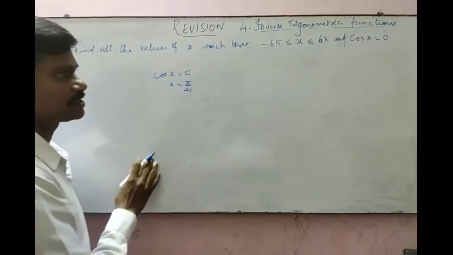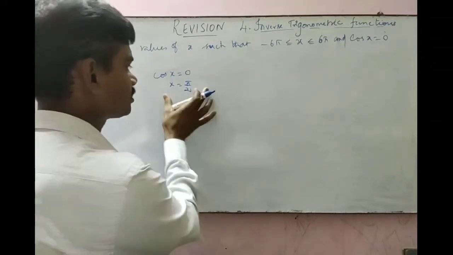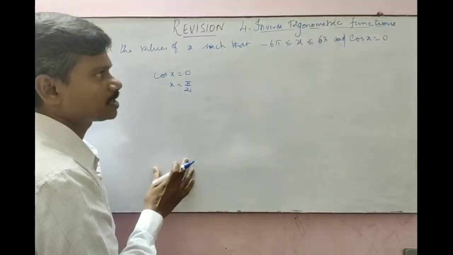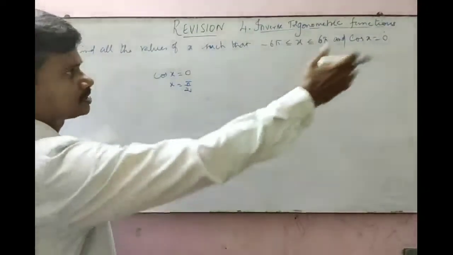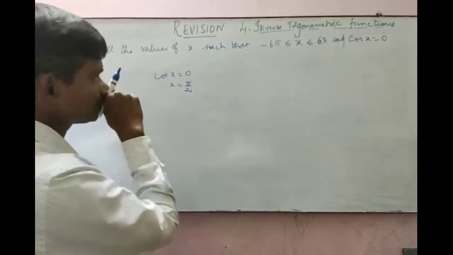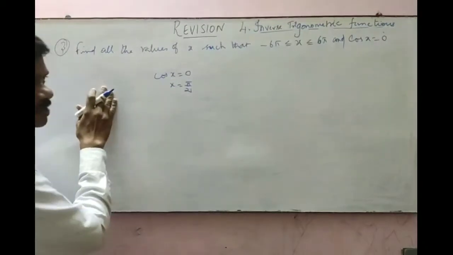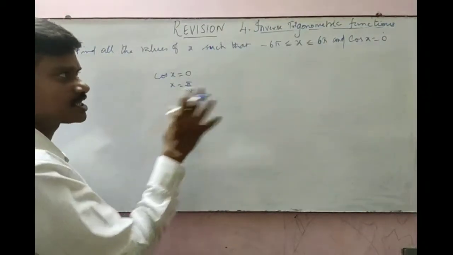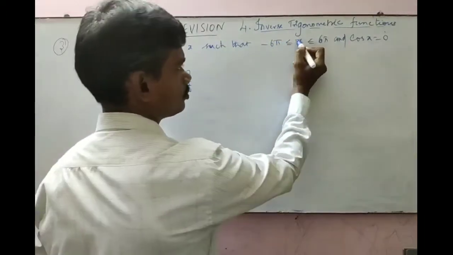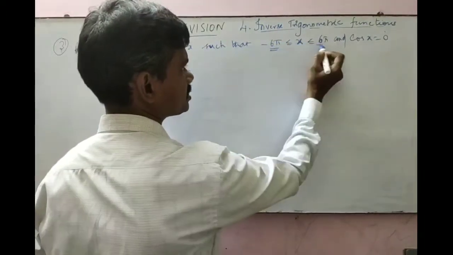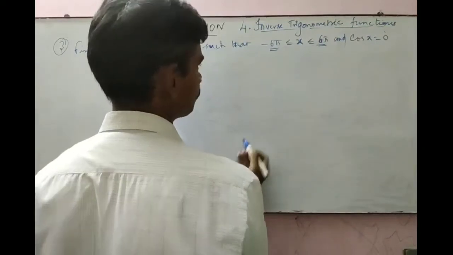But we can't write the answer simply as pi by 2, because pi by 2, 3 pi by 2, and on the left hand side also minus pi by 2, minus 3 pi by 2, for all these values cos x is 0. But they give us the limit minus 6 pi to 6 pi.